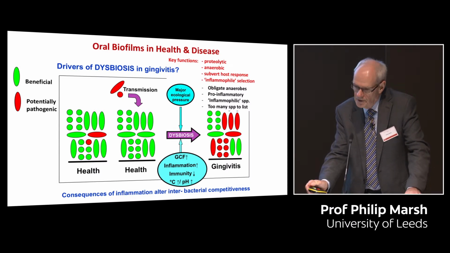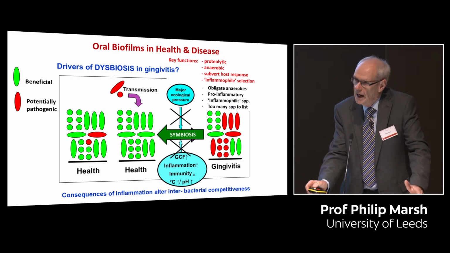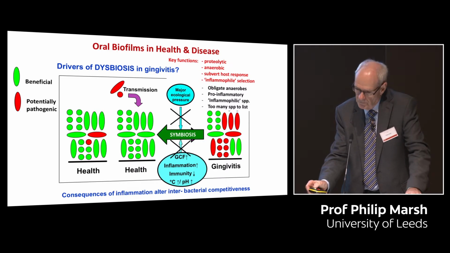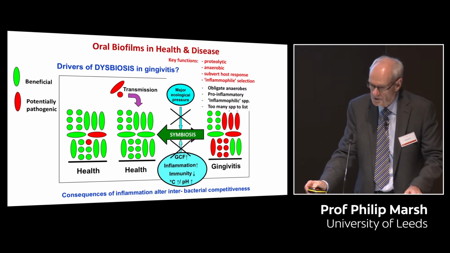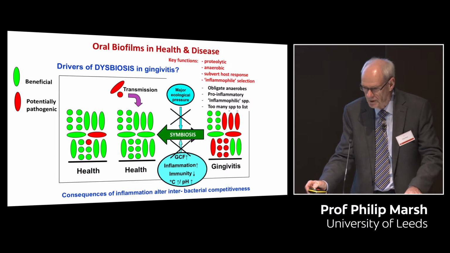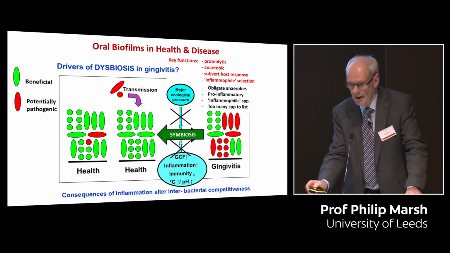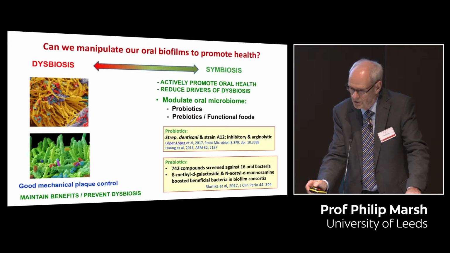And the key functions of these organisms are being proteolytic, anaerobic, capable of subverting the host defenses, and being inflammophilic, actually liking the conditions of inflammation. Again, if we're going to stop episodes of dysbiosis, we need to recognize what the factors are and try and interfere with them so we can push the system back towards symbiosis. Because, again, the consequences of inflammation are driving this change.